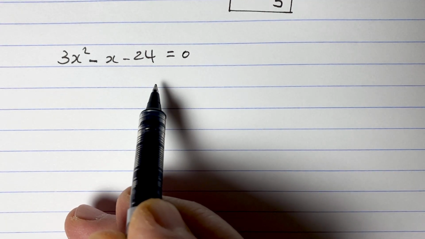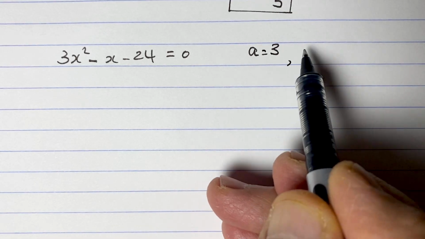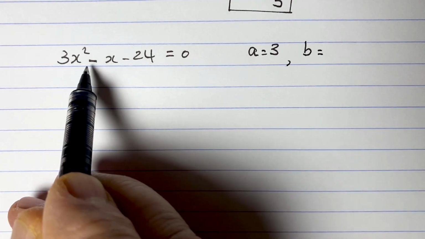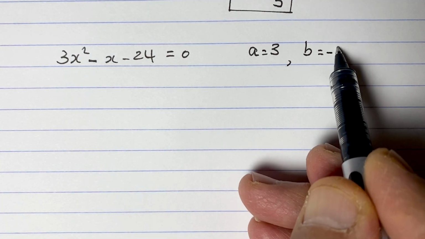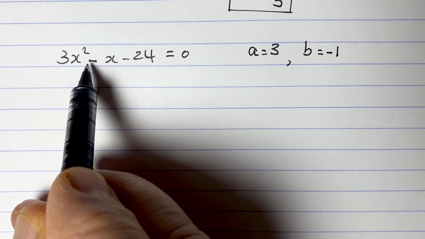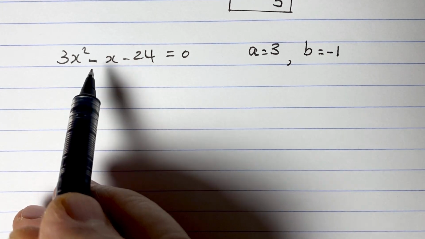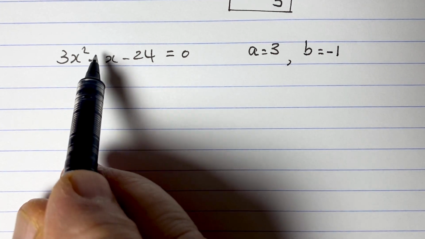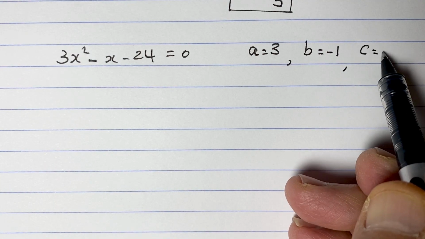Let's do it by formula first. So a is 3. b is minus 1, the 1 is missing here. A negative cannot appear on its own. If it's on its own, it means the 1 is missing, is invisible. Therefore, c is minus 24.